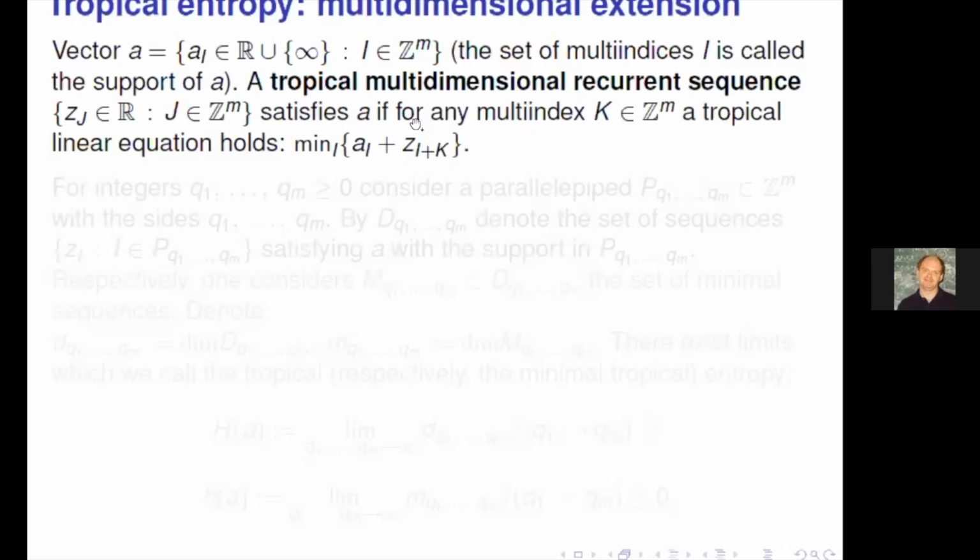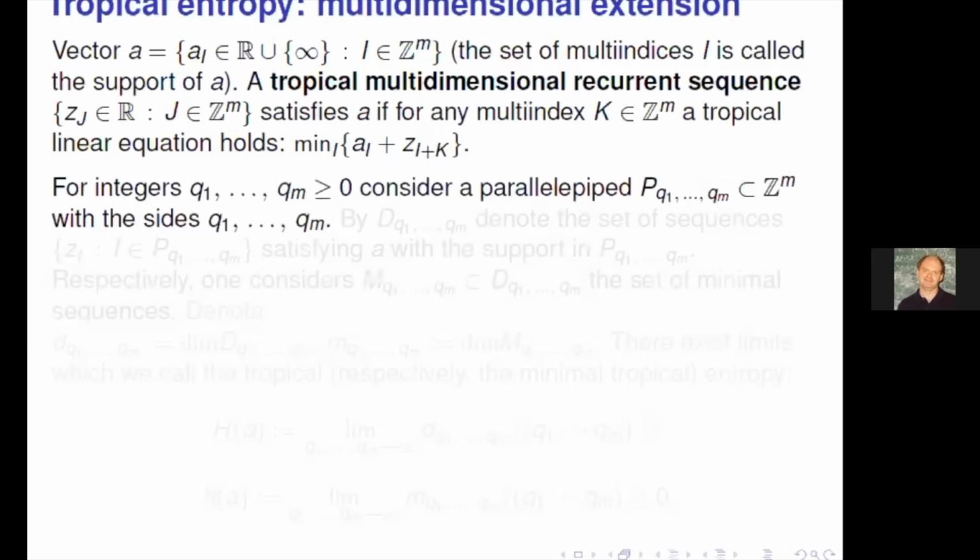It satisfies, for any multi-index k, so for any shift k, the tropical linear equation. So it's just a generalization of recurrent sequences to the multi-dimensional case.